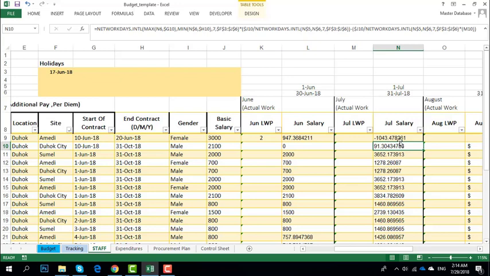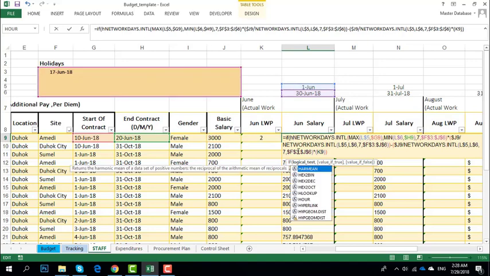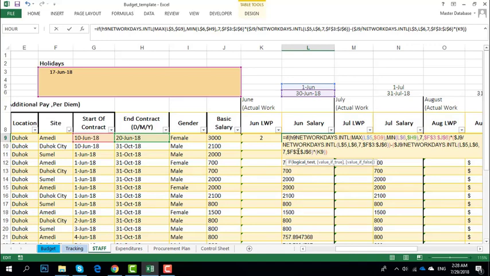Okay. So if we think like this, it means we need to put a formula which is IF H9, which is the end of contract, greater or equal to the first day of the month, which is L5, then give me true, otherwise give me this for condition.